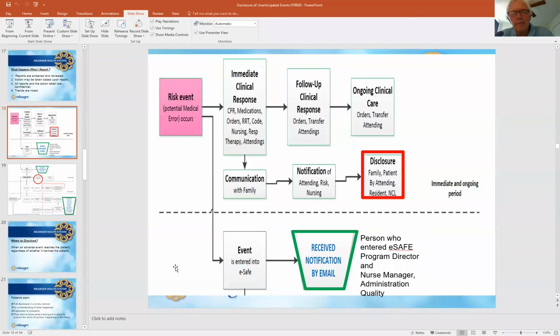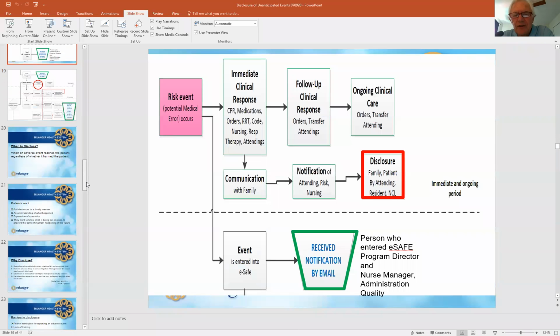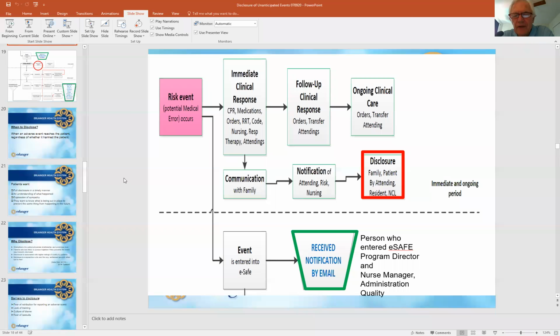So Heather's talked about just what happens and the trends that are looked at. But from your standpoint, again, as the resident, events are entered into eSafe. And after you put that event into eSafe, you should receive a notification that the event has been entered.